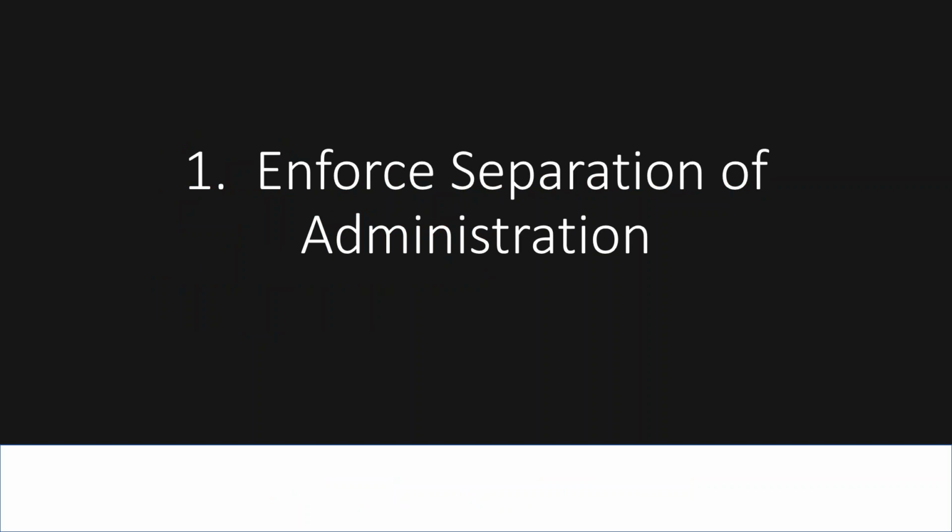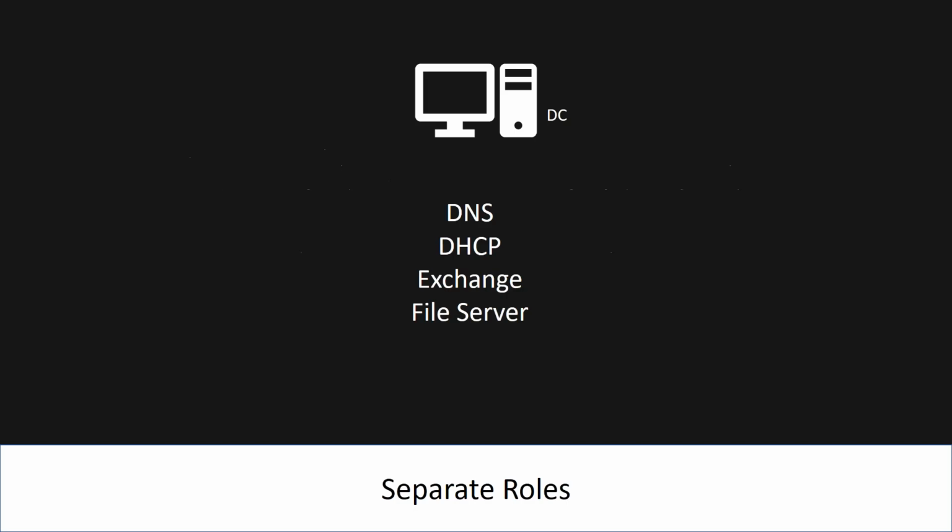So, separation of administration. Now you may have heard about this. And what do I mean exactly? Well, let's give an example. Imagine you've got a small business and they only have one server. And on that server, they have to have, of course, everything.